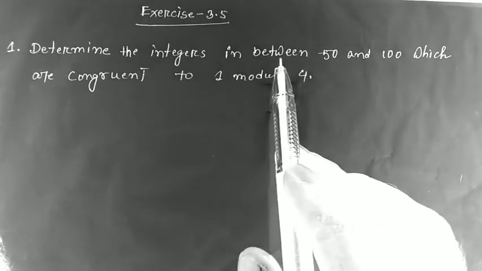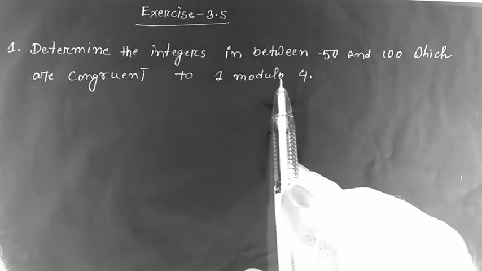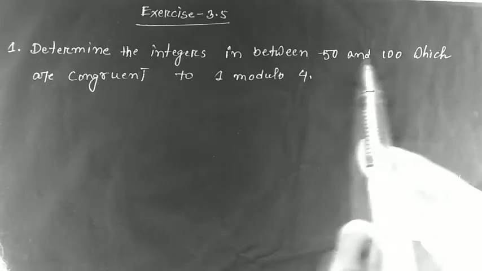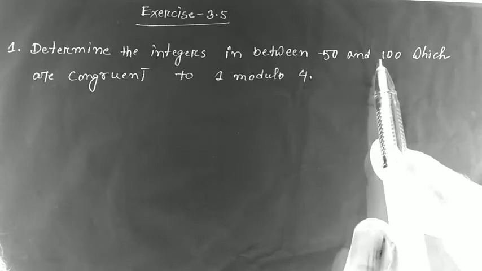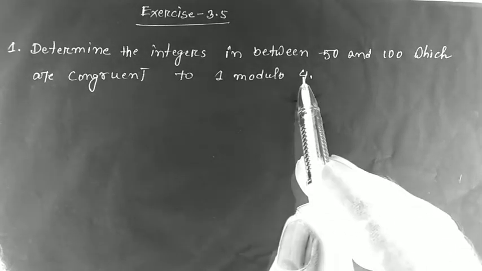Determine the integers between 50 and 100 which are congruent to 1 modulo 4. Between 50 and 100 there are several integers which are congruent to 1 modulo 4.